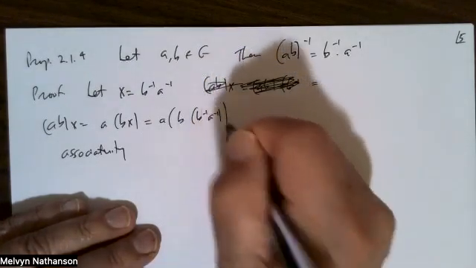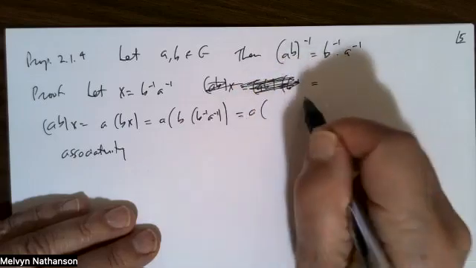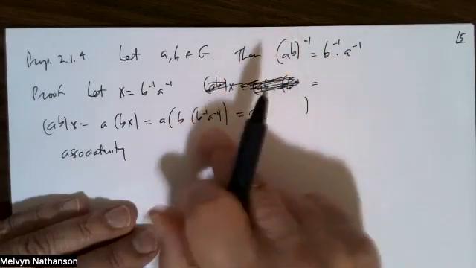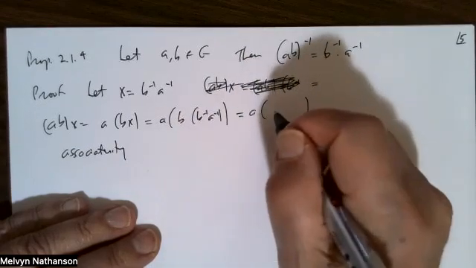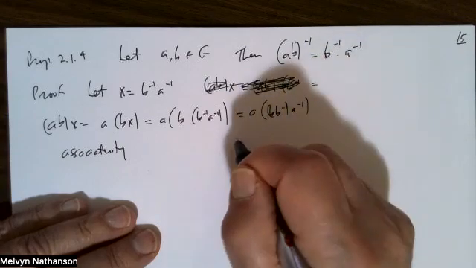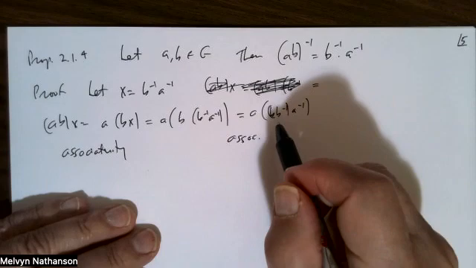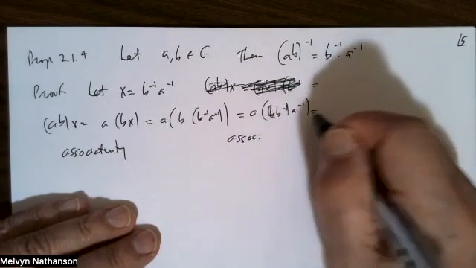B inverse A inverse. And inside the big parentheses, let me apply associativity again. This is B times B inverse, times A inverse. But B times B inverse is the identity.